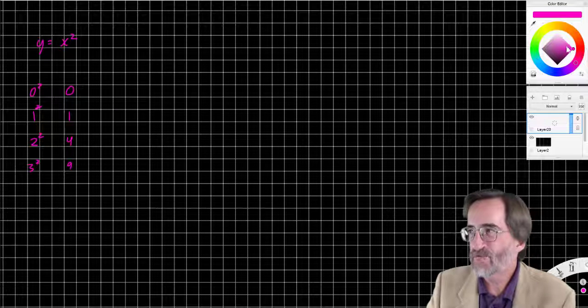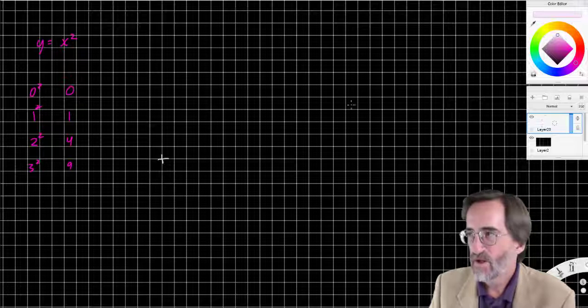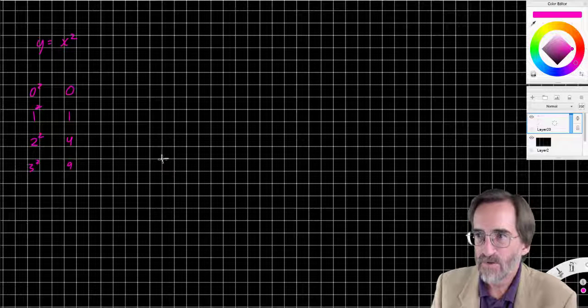And when you square negatives, you get a positive, so you end up with this parabola shape: 0, 0, 1, 1, 2, 4, 3, 9.